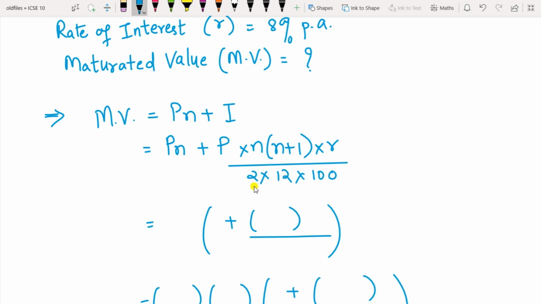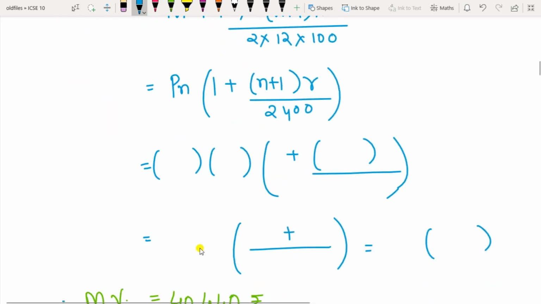Here you have to find MV, so take out Pn common, so this will be Pn into 1 plus n plus 1 into R upon 2400. Now P is given as 1000 rupees, n is 36, so 1 plus 36 plus 1, R is 8 upon 2400.